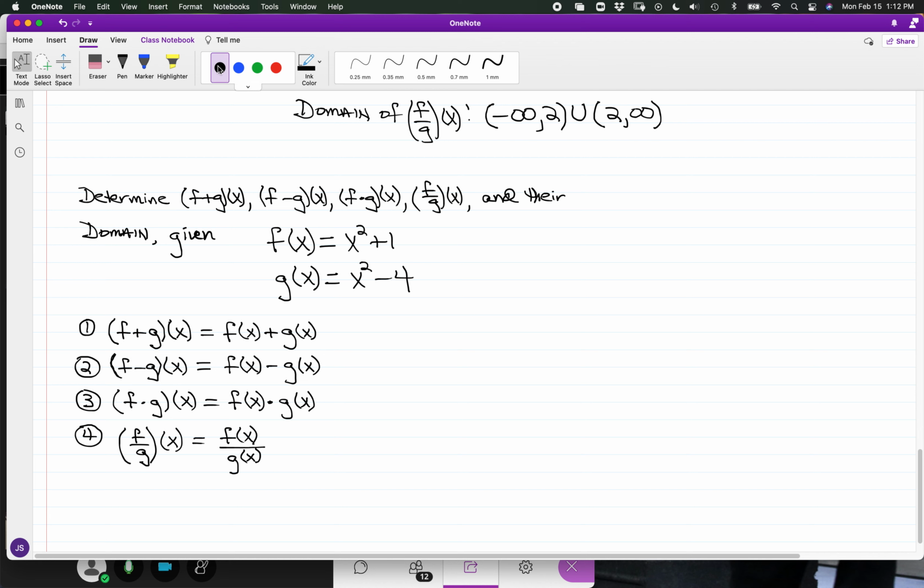So if I look at the operations between the functions, we have for the sum function, we're looking at adding f of x and g of x. So f of x, again, we have at x squared plus 1. We have g of x, so you have x squared minus 4.